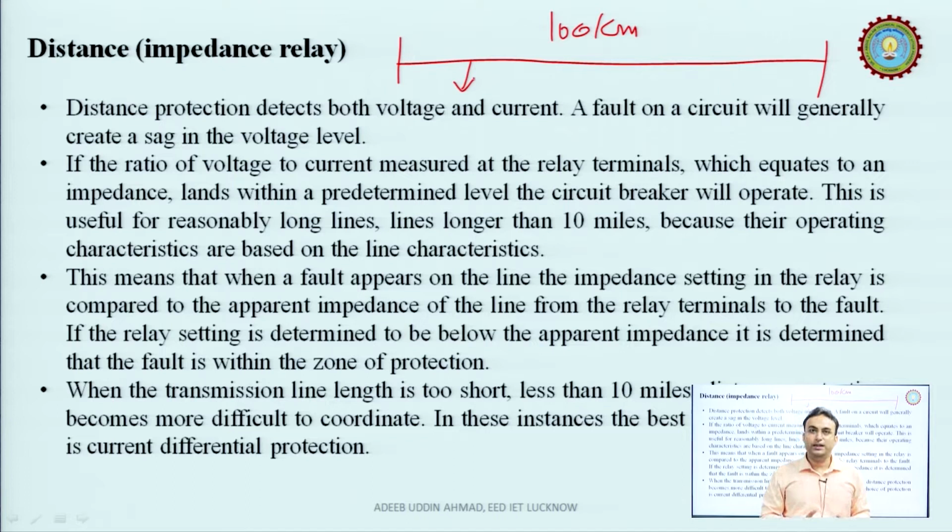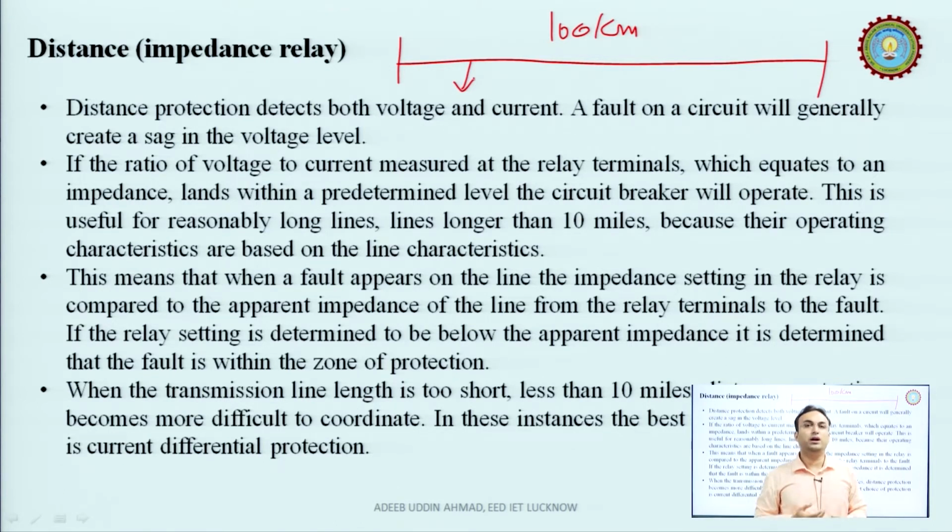Distance protection detects both voltage and current. A fault on a circuit will generally create a sag in voltage level, so the voltage will go down. If the ratio of the voltage to current measured at the relay terminal deviates from the predetermined level, the circuit breaker will operate.